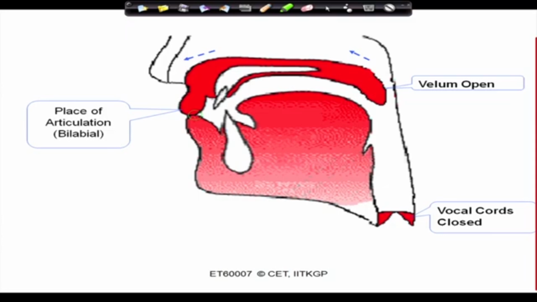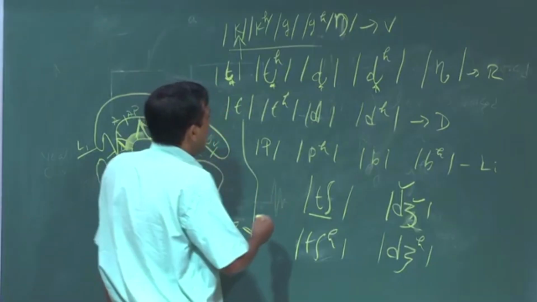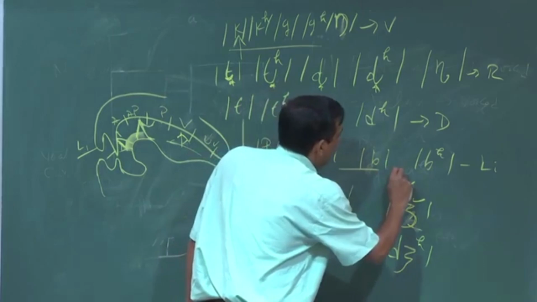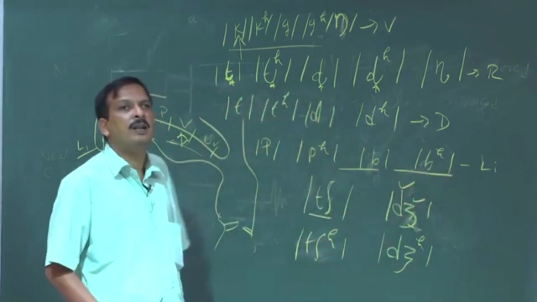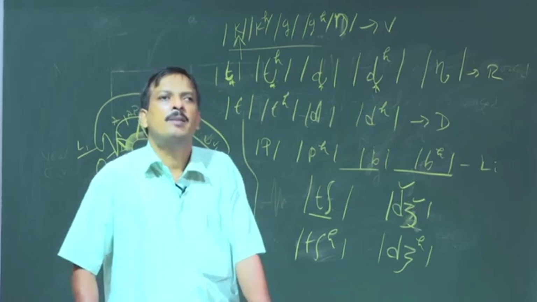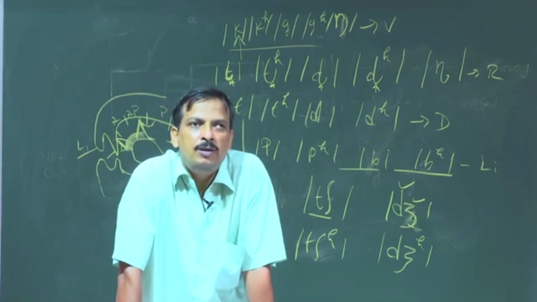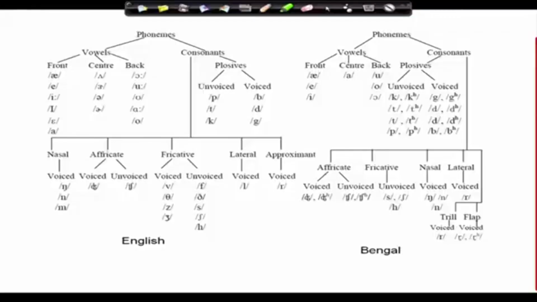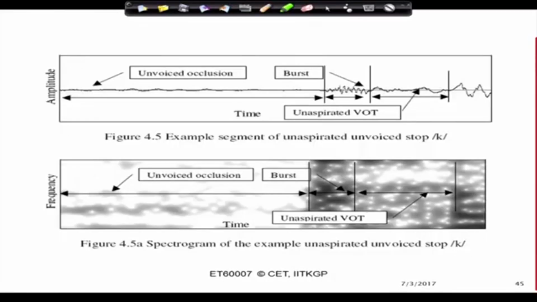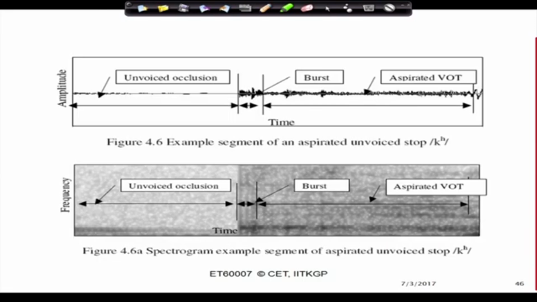If it is a voiced bilabial stop, that means it can be either ba or bha, that is, an aspirated voiced bilabial stop or an unaspirated voiced bilabial stop. Now, if I see the picture after recording, the spectrogram, this is kha, you see here, burst, then VOT is aspirated and VOT is longer. In all aspirated consonants VOT is longer.